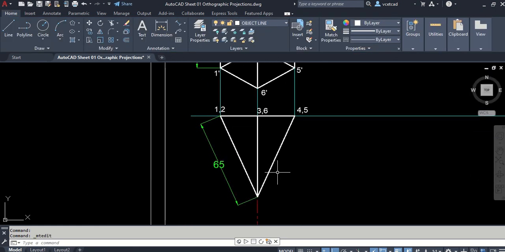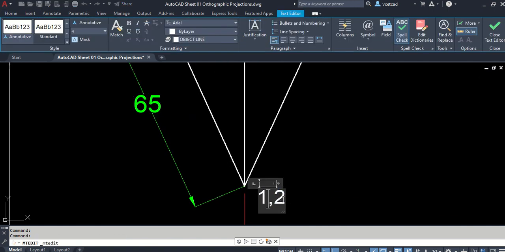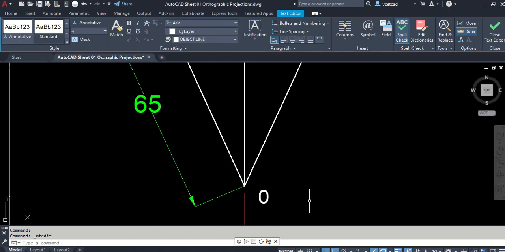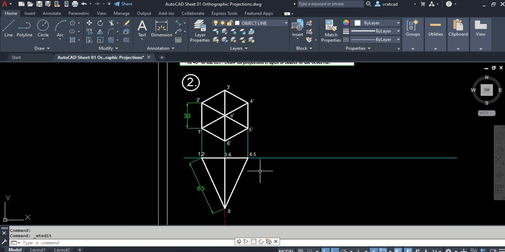Here you will get point O. So this is stage 1, which we have completed.